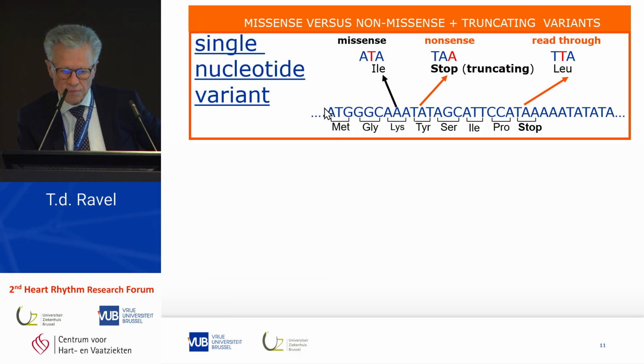What is a missense? If we have here the DNA with the codons, which are read 3 by 3 to produce the amino acid that you're seeing, met, glycine, lysine, tyrosine, etc. And you look at 3 by 3, and if here we have an AAA, which codes for a lysine, and you get a variant coming out as ATA, this is a missense.